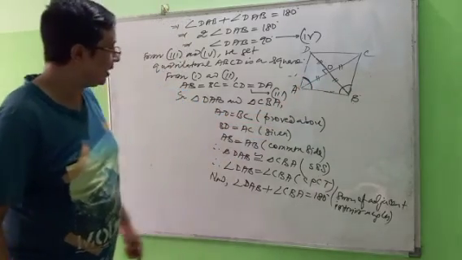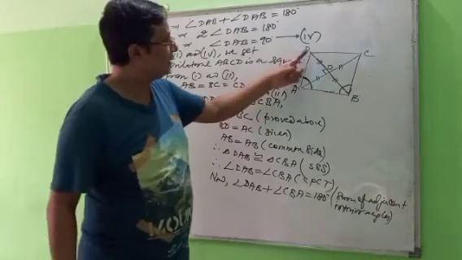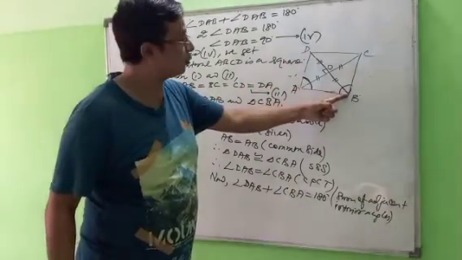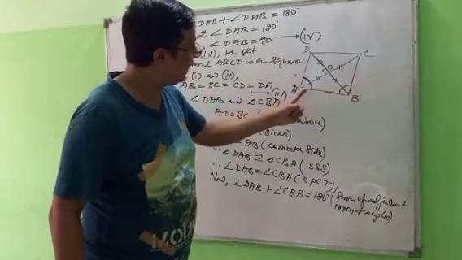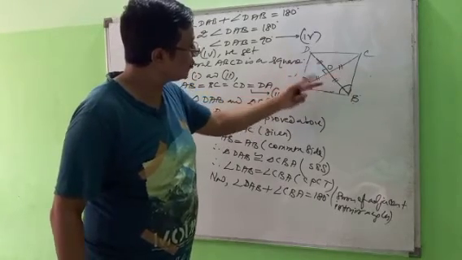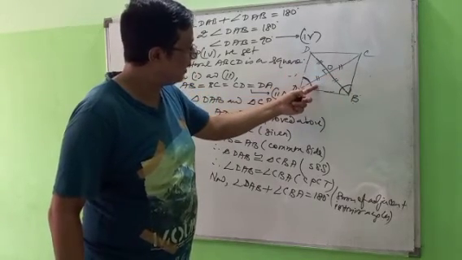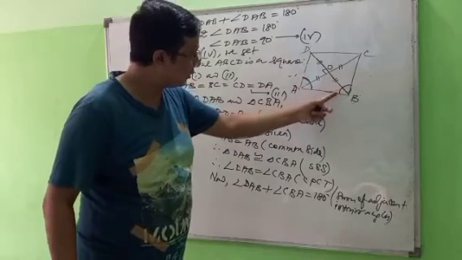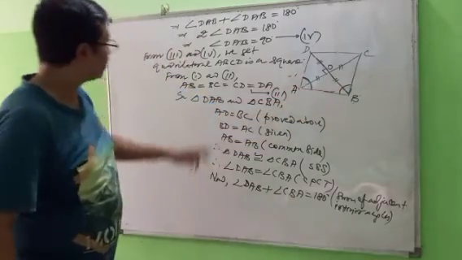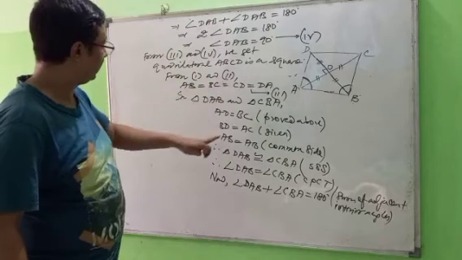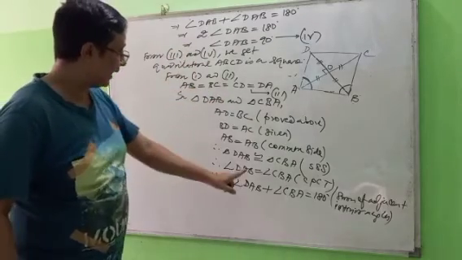For this, you made triangle DAB congruent to triangle CBA. By making these two triangles congruent, you got angle A equals angle B.